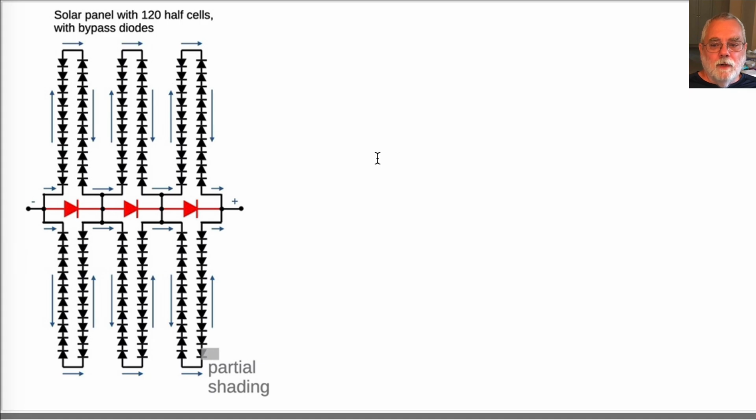If one or two adjacent half cells are partially shaded, how does the half cell panel compare to the full cell panel? Does it increase the power delivered to the load? Does it reduce the power dissipated in the partially shaded solar cell?